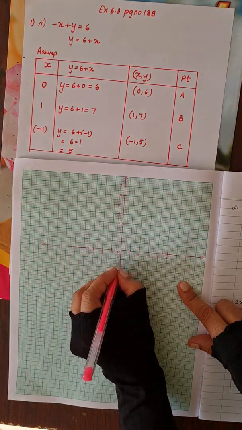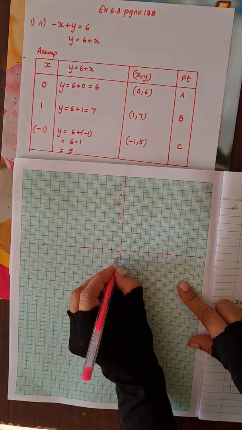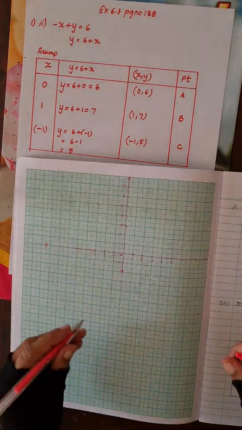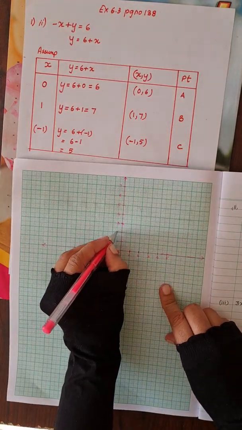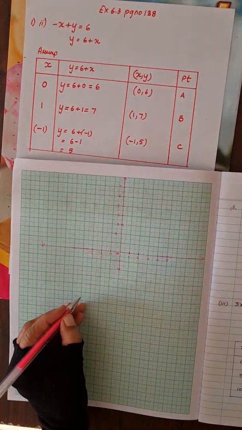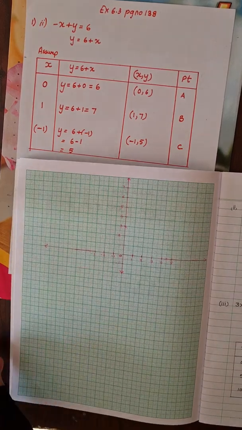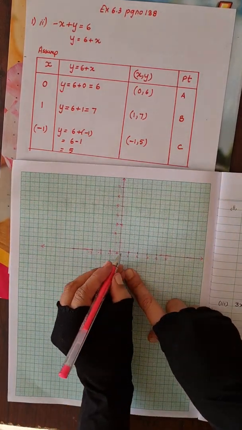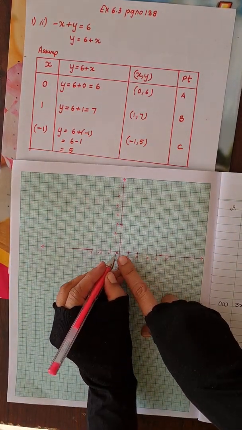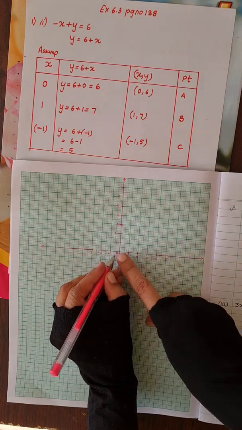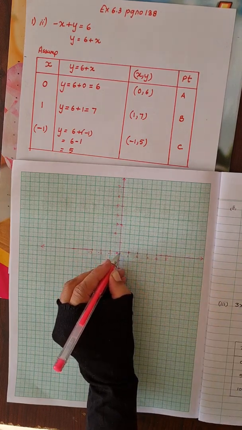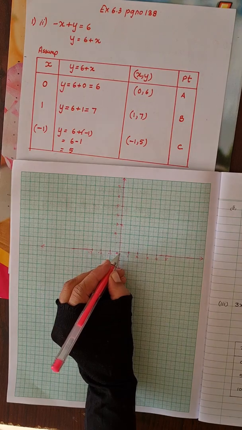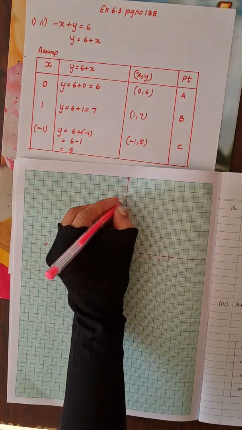Below 0, we will have negative numbers, minus 1. Now the first point is 0, 6. So on the x-axis, we have 0 here, and on the y-axis, you need to reach point 6. This is the point, children.